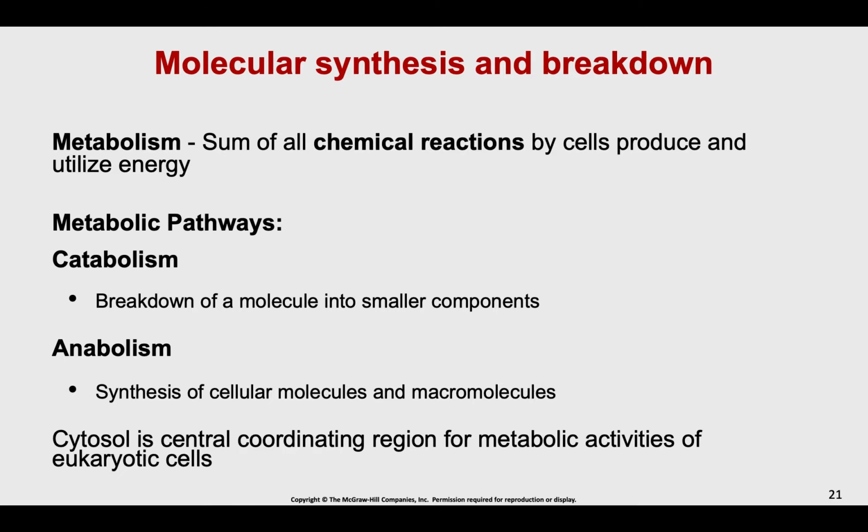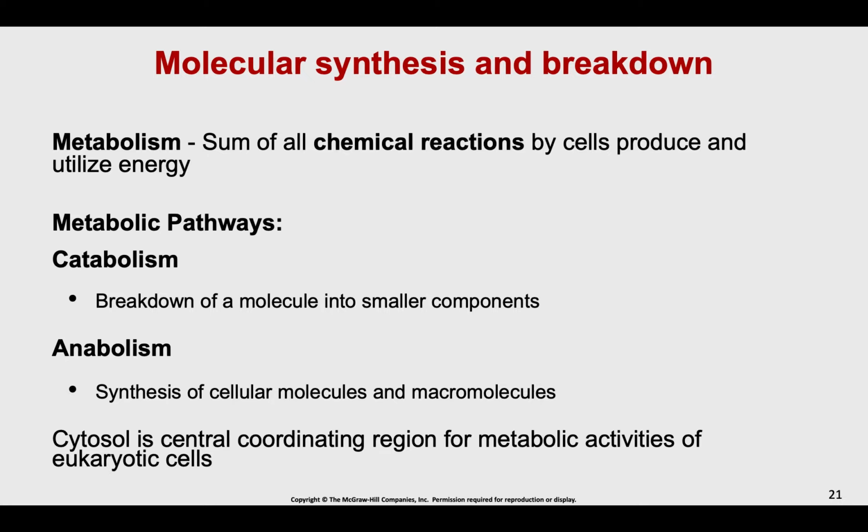The cytosol is going to be the site of the main coordinating region of the cell for metabolism. So metabolism, all those chemical pathways that are either going to produce or utilize energy. There are a couple different main metabolic pathways that we'll talk about briefly here.